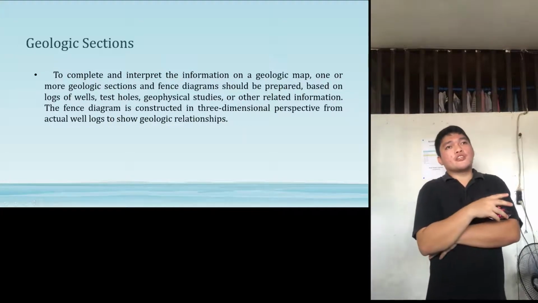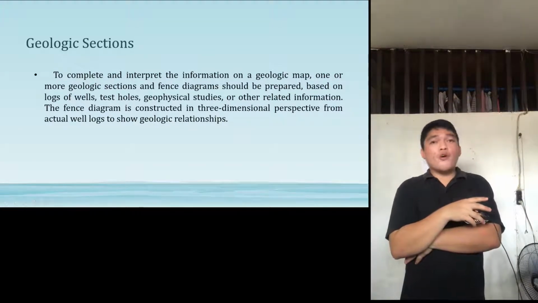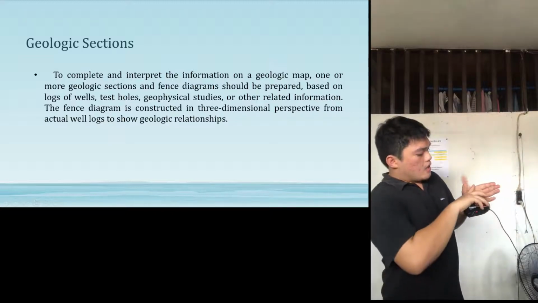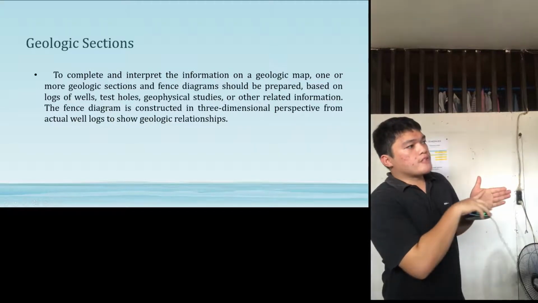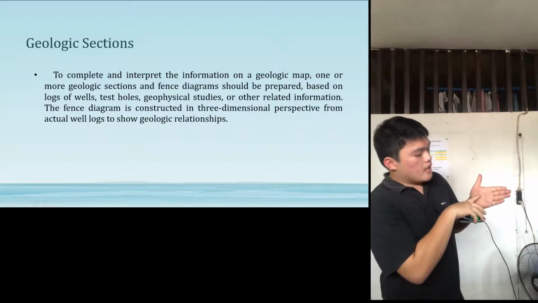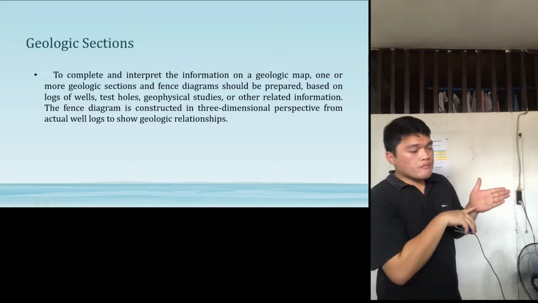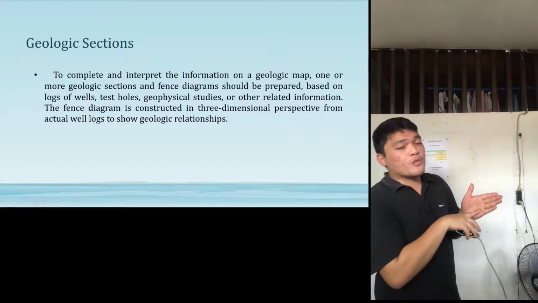So a geologic section is like a 2D drawing that, for example, this is the surface of the earth or the surface of the soil. Then next is the clay soil, next the bedrock, next the water resource, the underground water resource.